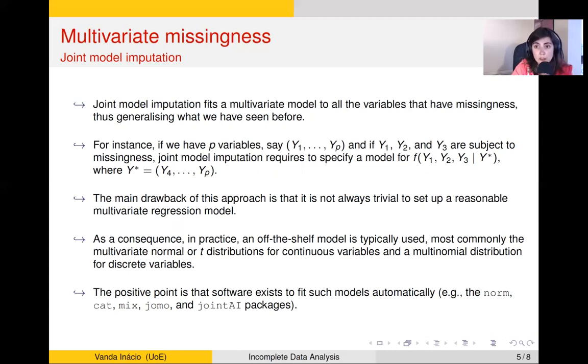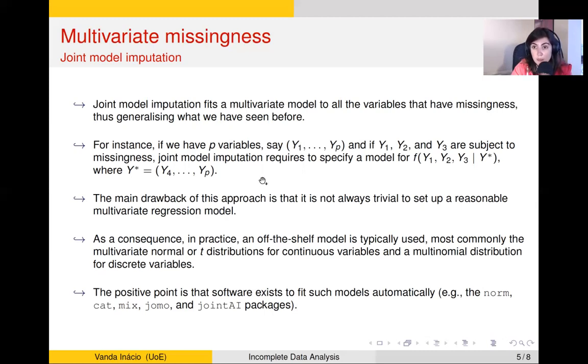Let us think of a concrete example where we have p variables, say y1 up to yp, and let us further suppose that y1, y2, and y3 are only partially observed, and y4 up to yp are fully observed. What I could do under a joint model imputation is to specify a multivariate model for y1, y2, and y3 given y star, where y star comprises y4 up to yp.